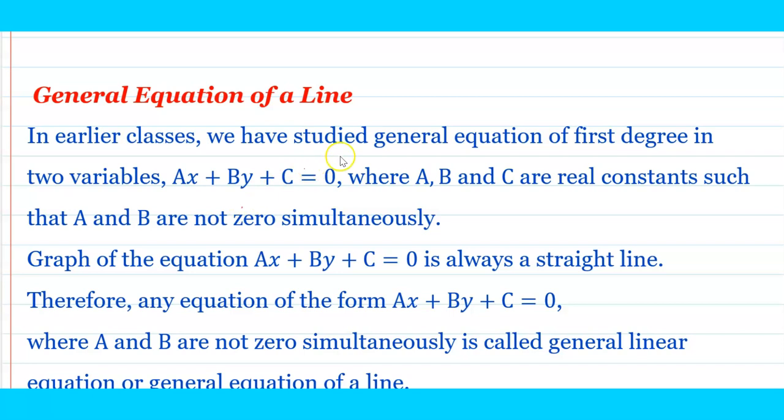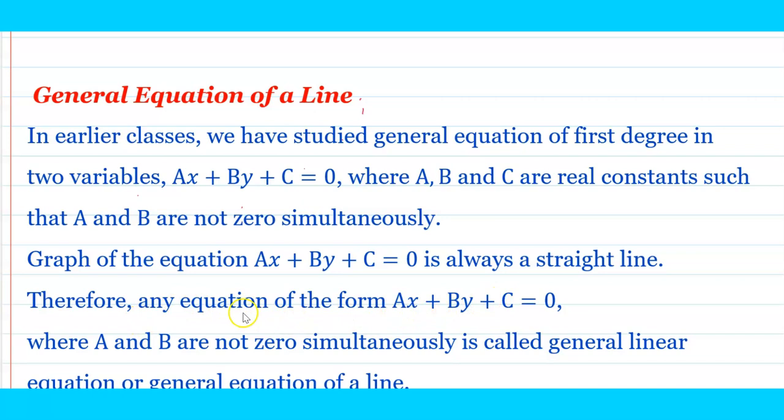Now first, the general equation of a line. In earlier classes, we have studied the general equation of first degree in two variables, ax plus by plus c is equal to 0, where a, b and c are real constants, such that a and b are not 0 simultaneously. The graph of the equation ax plus by plus c is equal to 0 is always a straight line.